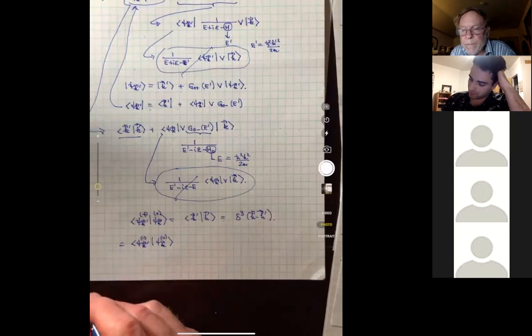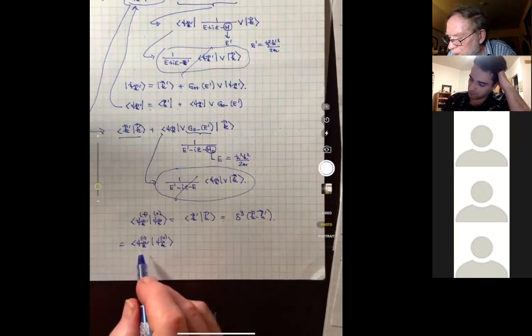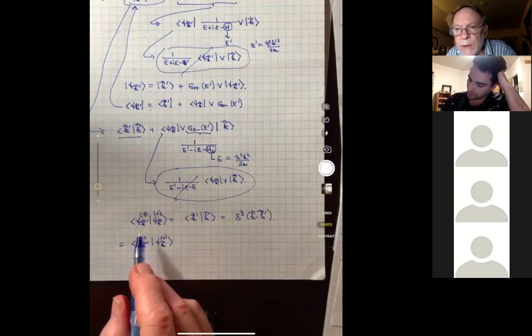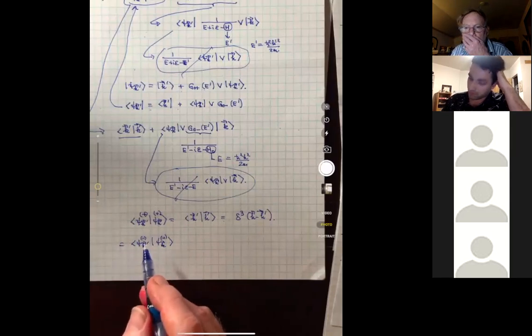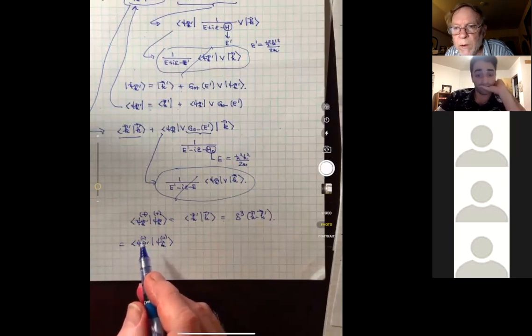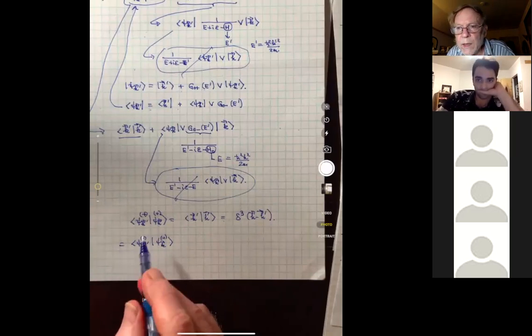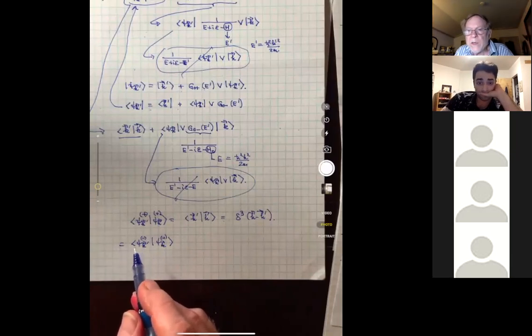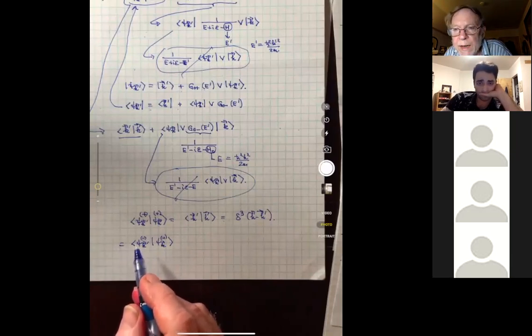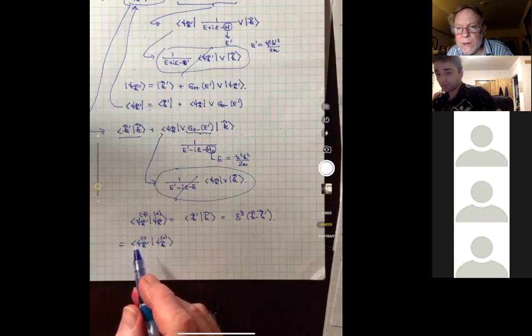But the incoming solutions are not linearly independent of the outgoing solutions, rather they're linear combinations of each other. So in effect, we have two orthonormal sets that span the same space. The space they span is the set of all scattering solutions, positive energy solutions. It's not the entire Hilbert space because there may be bound states.